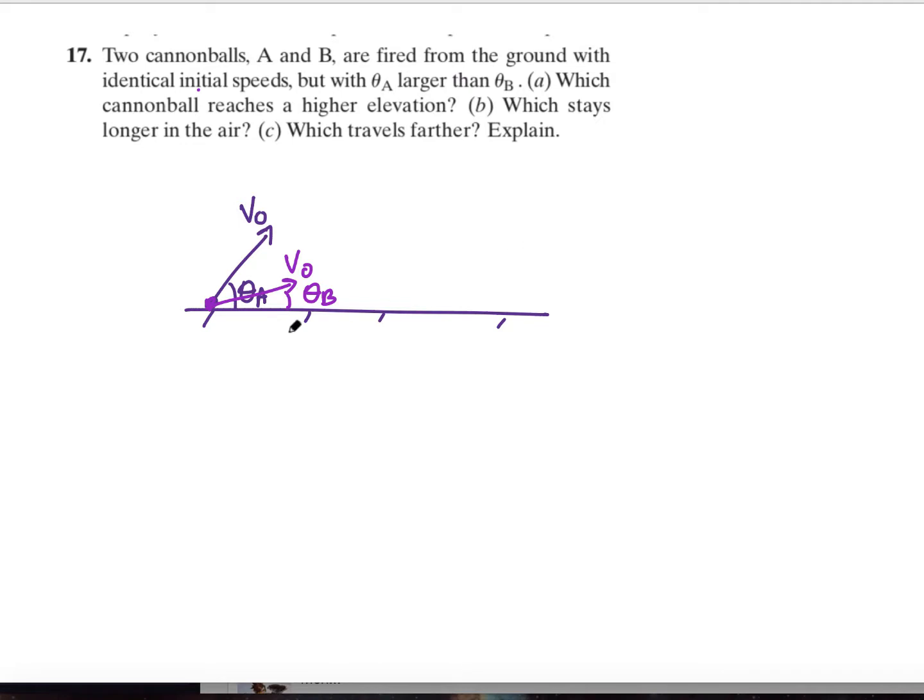Well, let's take a quick look at how their y components compare.